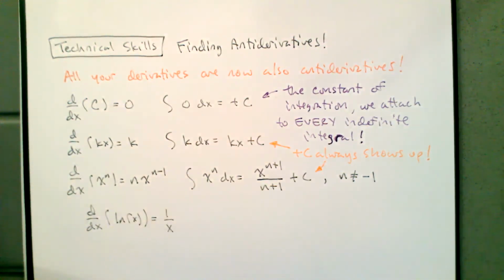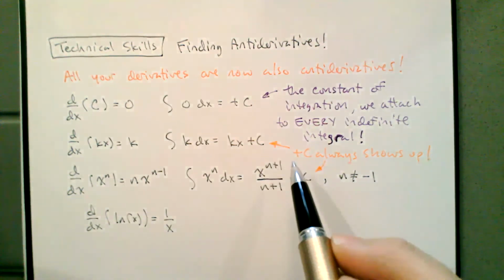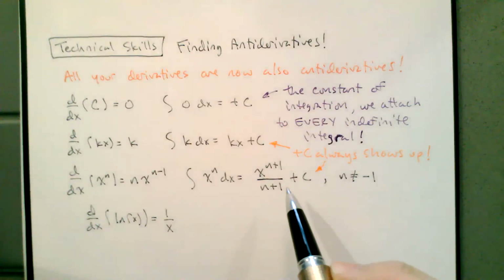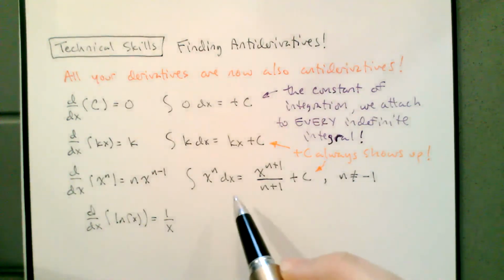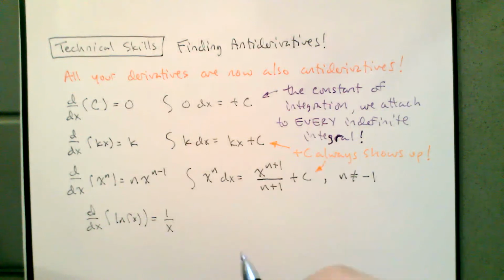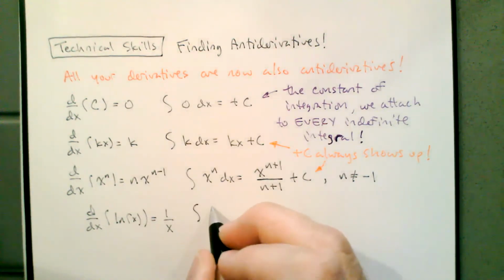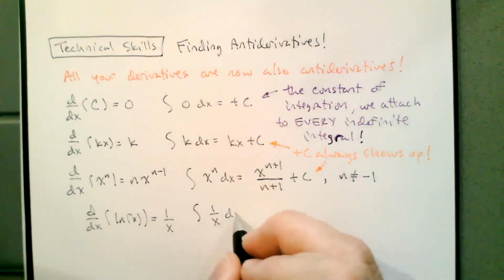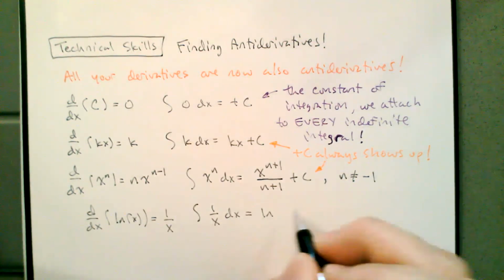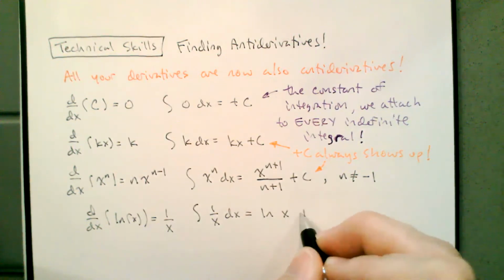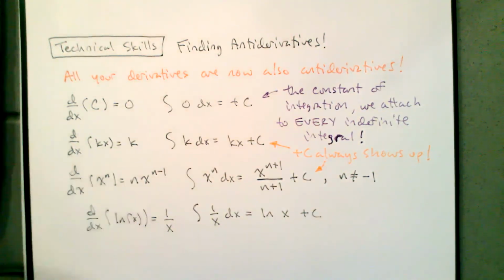So in the case where n is equal to -1, I don't use the add 1 to the exponent and divide by the new exponent thing. The integral of x to the -1 is natural log of x, plus c, because the plus c always shows up.